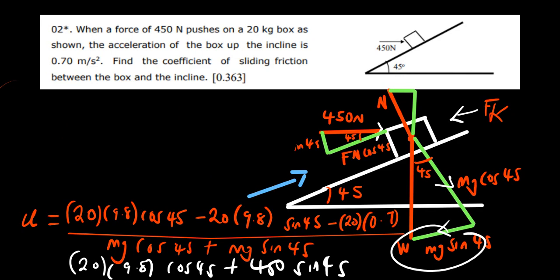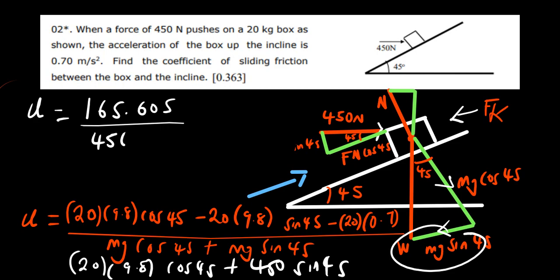Therefore our mu will be equal to, on top, when I do everything that is on top, I'm getting 165.605, divided by, when I do what is down, 29.8 cos 45 plus 450 sin 45, I'm getting 456.791.